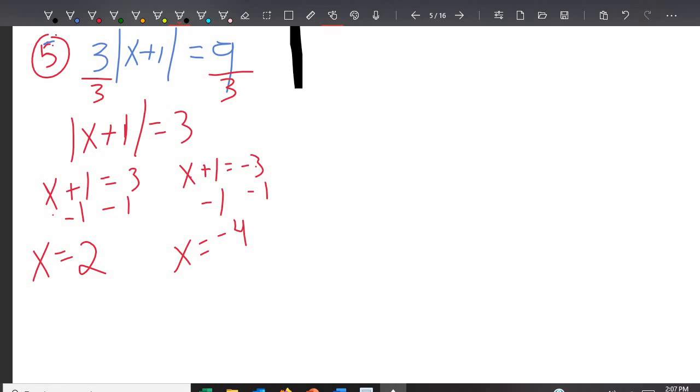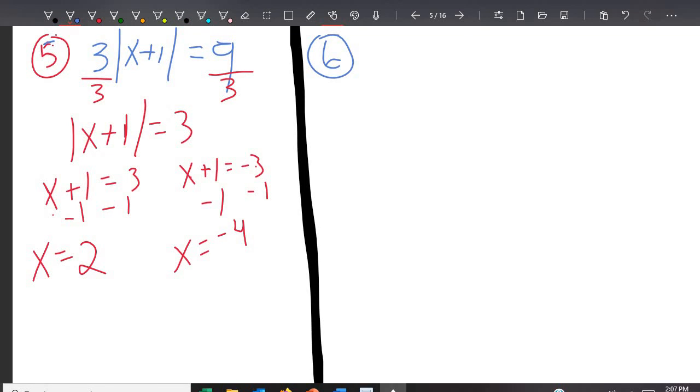Now, here's an example of where you've got to move a constant and then divide. So let's say we've got 4 in front of the absolute value of x minus 6, plus 3 equals 7.